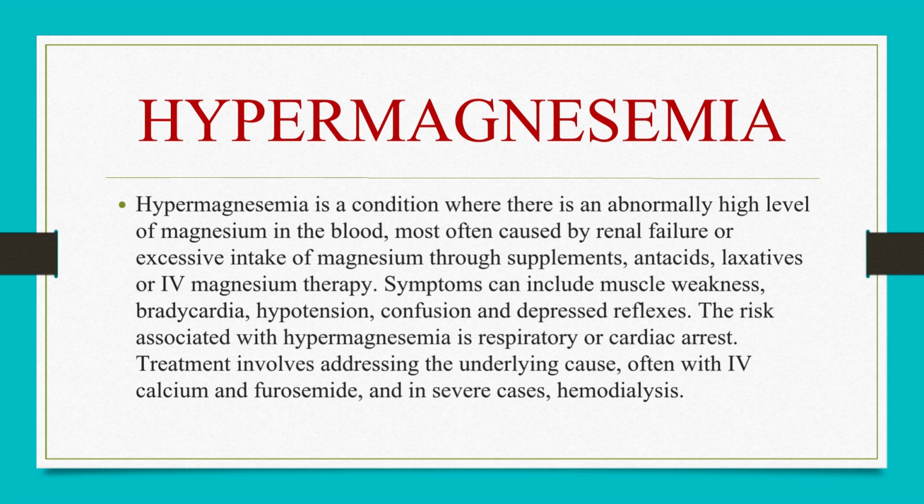Symptoms can include muscle weakness, bradycardia, hypotension, confusion, and depressed reflexes. The risk associated with hypermagnesemia is respiratory or cardiac arrest. Treatment involves addressing the underlying cause, often with IV calcium and furosemide, and in severe cases, hemodialysis.